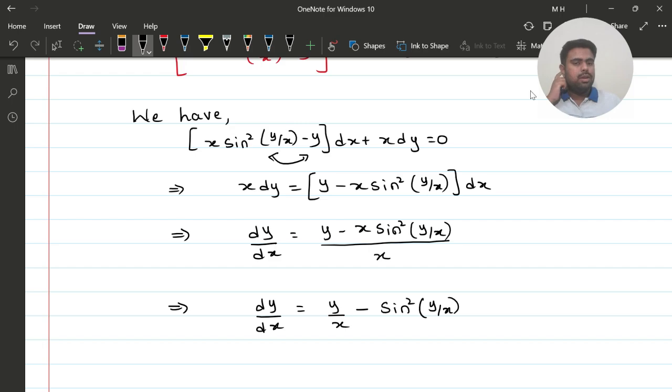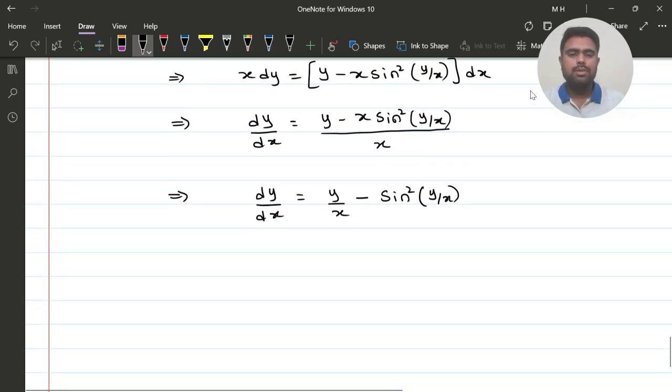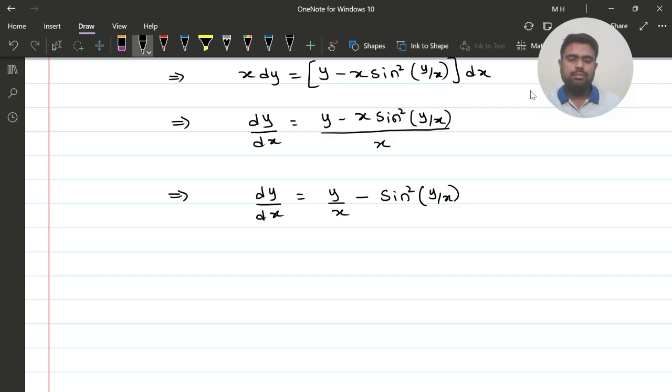So that's all. Here y by x is there, here also y by x is there, so it is a function of y by x overall. Okay, now the next step is to put y by x equal to v. So this will yield me y equal to xv.